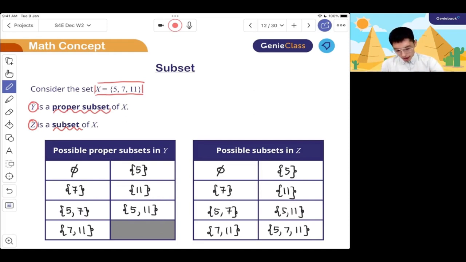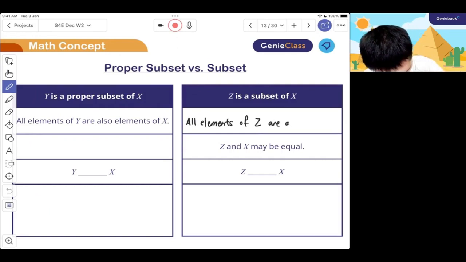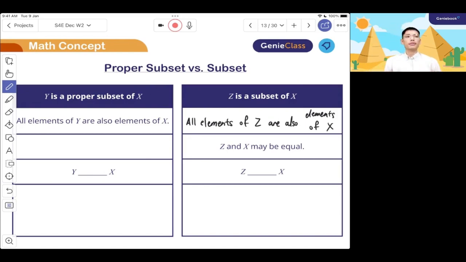So therefore, what is the difference between these two? If all elements of Y are also elements of X, in the relaxed condition, all elements of Z are also going to be elements of X. So in this case, they are okay.